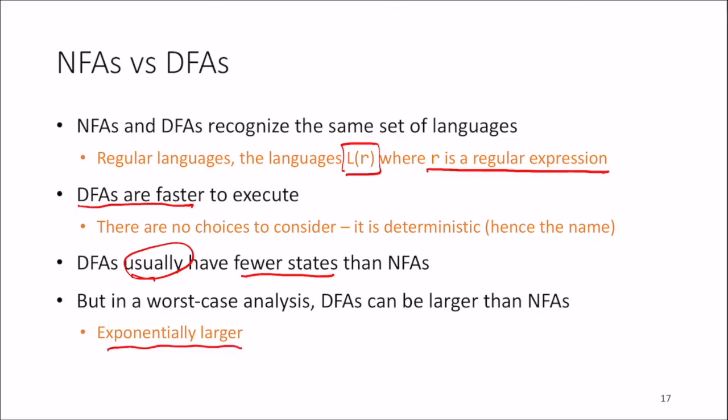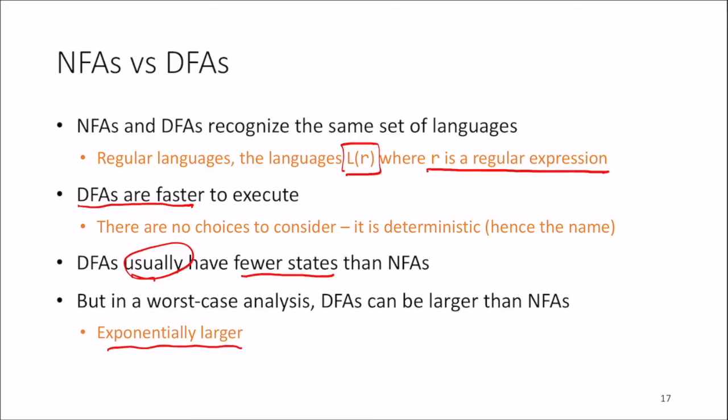So when it comes to implementing a good system that does regular expression matching, in order to match the regular expression, it has to do some conversion, which is what we'll look at next. But there is going to be a choice whether it converts it to an NFA and then converts it to a DFA using the subset construction as we saw.